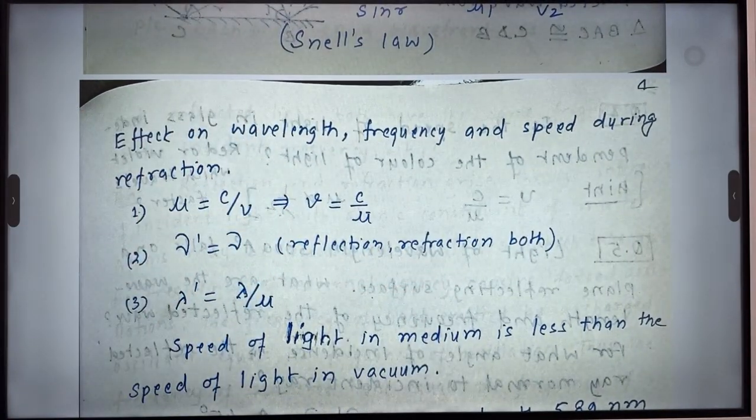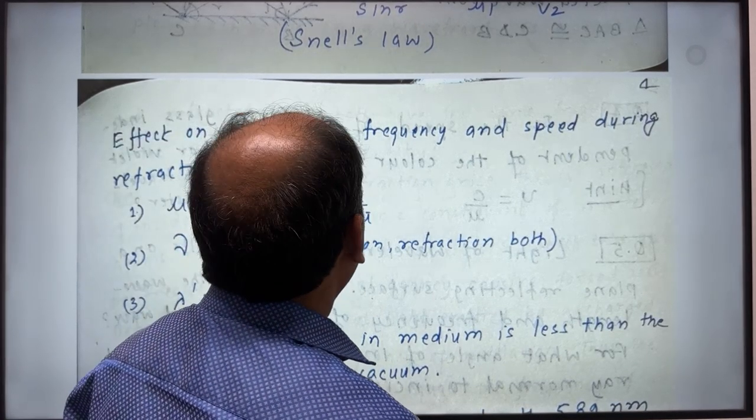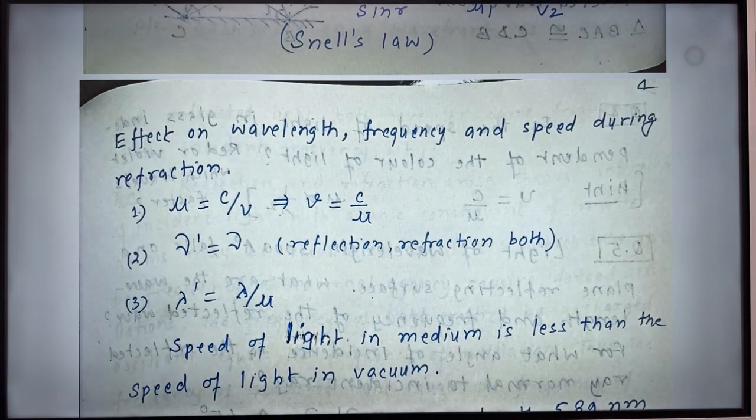Now there is another concept: the effect on wavelength, frequency and speed during refraction. So what happens? Frequency is an internal property of the wave, so it will not change, but wavelength and speed will change.